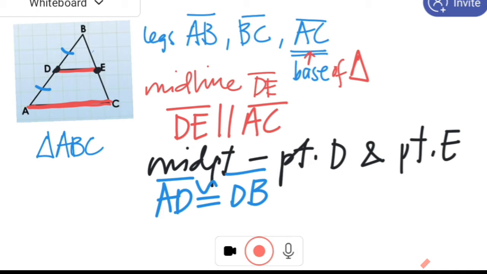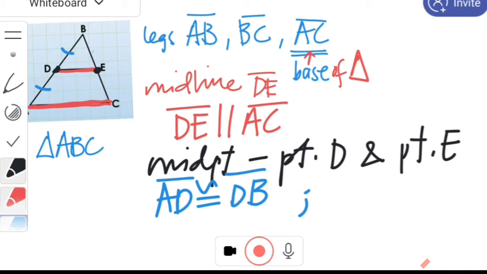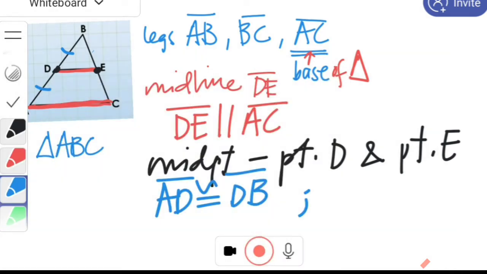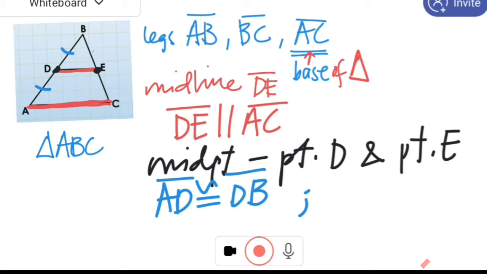Now let's have the other side or the other leg. For point E, it is in the middle of segment BC. So it follows that BE and EC are congruent segments.